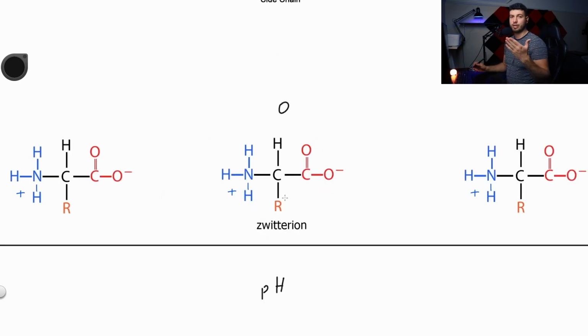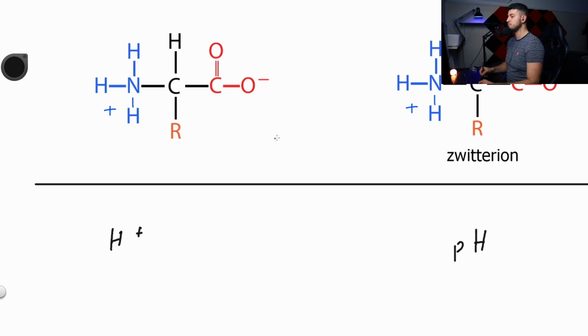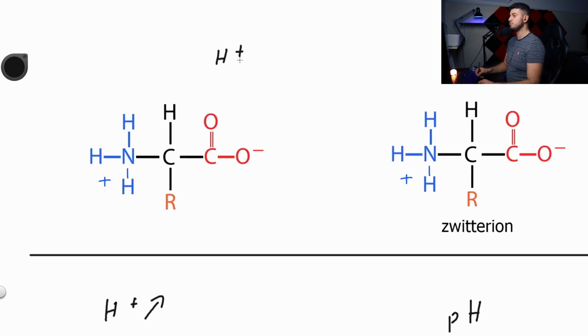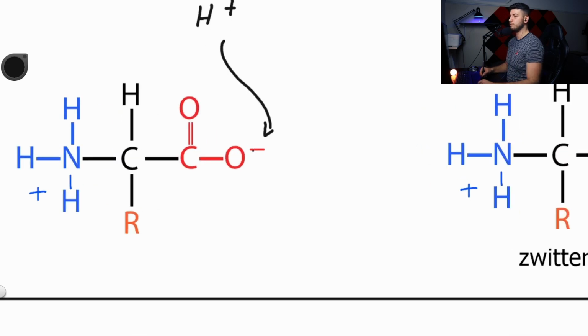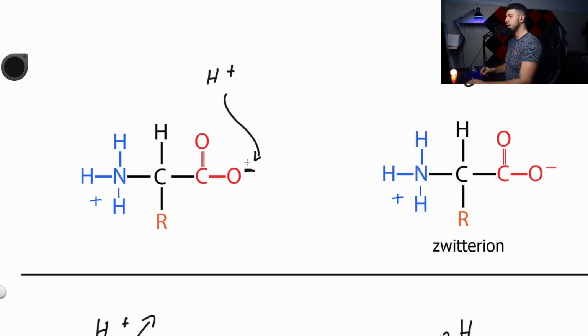So let's take a look at what happens to the Zwitterion if we change the pH. Let's say we go a bit lower. Now lower pH means that we have a lot of H pluses, right? Because of that, some of those H pluses from the environment will bind to this carboxyl group that has a negative charge. Negative charge in here, positive on the hydrogen, they will attract each other, and as a result, we'll have an OH group.